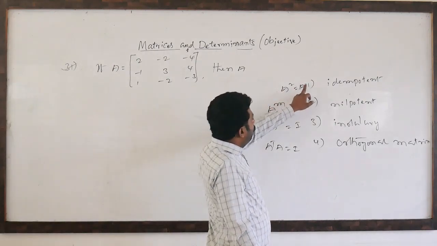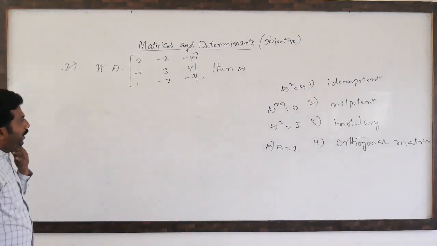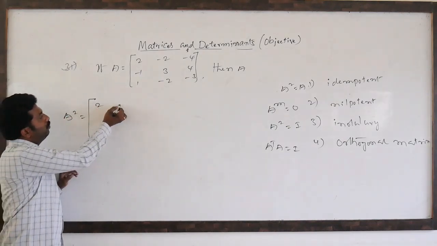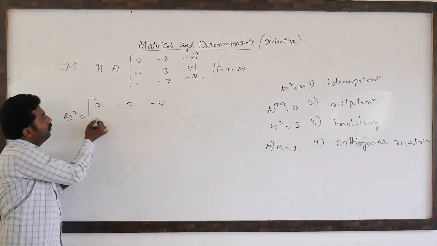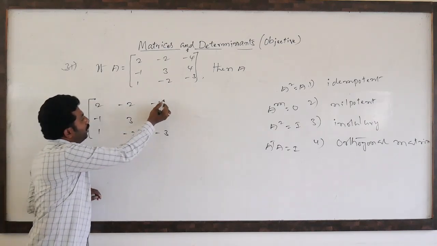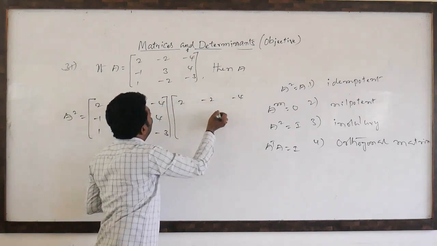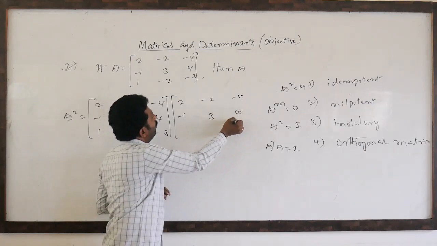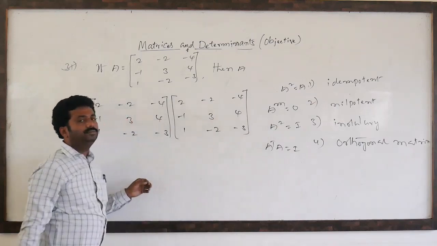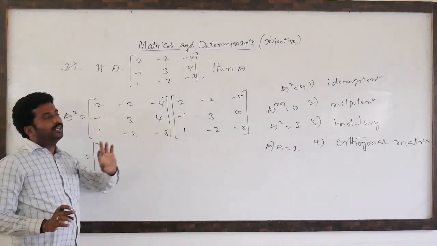Now we calculate the first option, whether it is idempotent or not. So for idempotent, we have to calculate A square. A square is A into A, the matrix 2 minus 2 minus 4, minus 1 3 4, 1 minus 2 minus 3, multiplied by the same matrix.